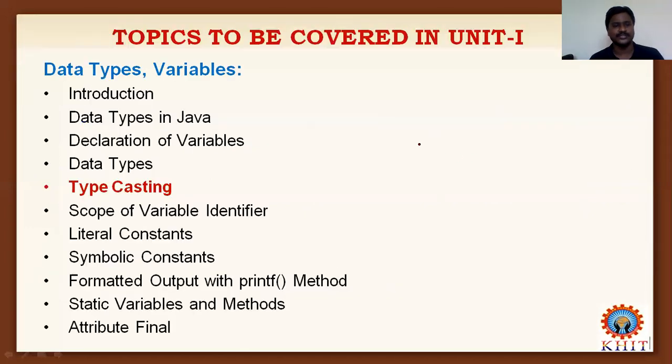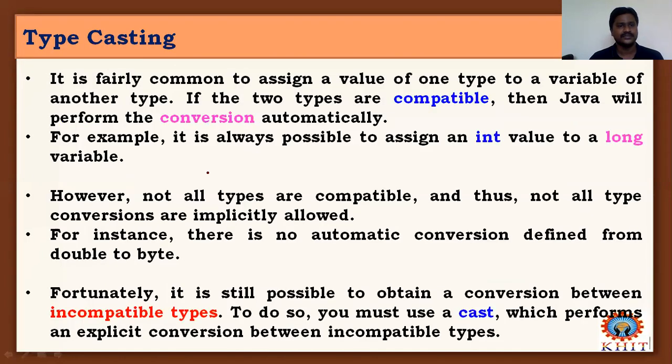Next one, coming to typecasting. We know that it means assigning a value of one type to a variable of another type. Generally, this depends on compatible types and incompatible types. If the two types are compatible, then Java will perform the conversion automatically.